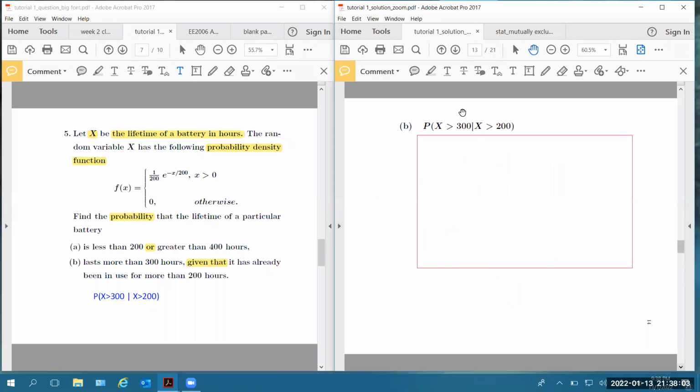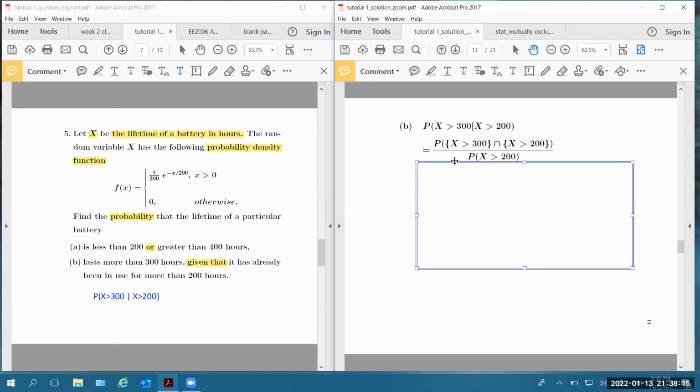Now we go and find it. This is the probability of X more than 300 given X more than 200. So we use the conditional probability formula: probability of A and B divided by probability of B. What is the numerator, class?